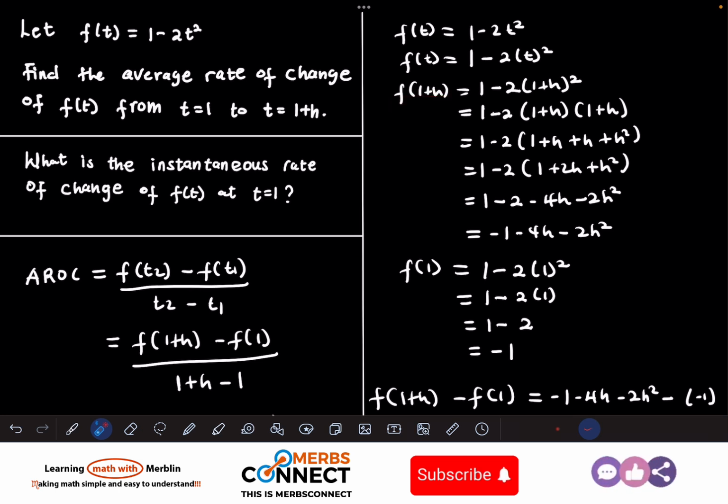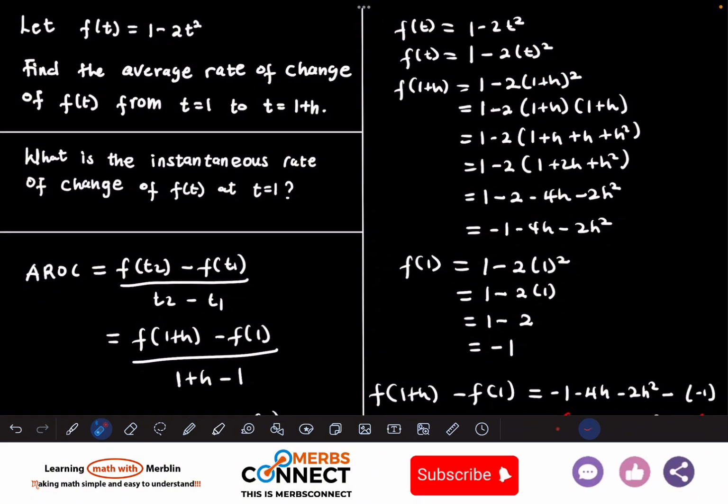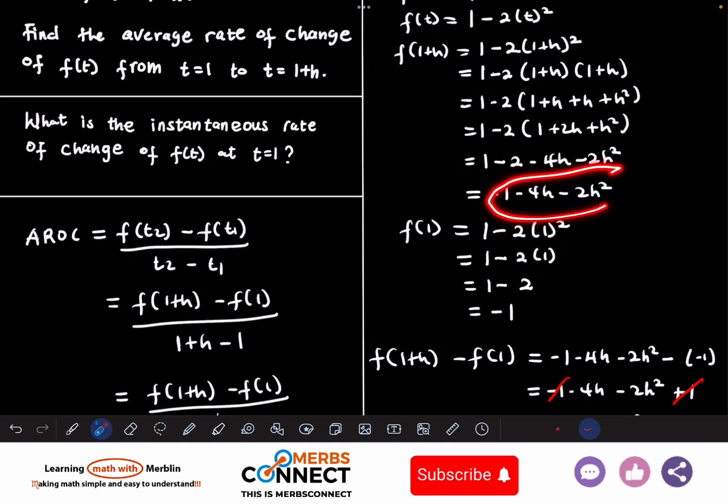So now what is in the parenthesis here is the same thing, so we are just changing the one in the parenthesis. The same function, we have the 1, we have the 1, we have the -2, we have the -2. The only thing that is changing is the 1 in the parenthesis. So that is the idea. We expanded and then we had this. Then we look for f of 1, the same process.